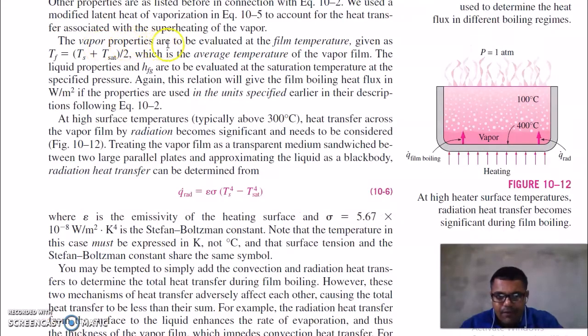The vapor properties are evaluated at a film temperature given by the average of surface temperature and saturation temperature, which is the average temperature of the vapor film. The liquid properties and h_fg are to be evaluated at the saturation temperature at the specified pressure. Again, the relation will give film boiling heat flux in watts per meter square.